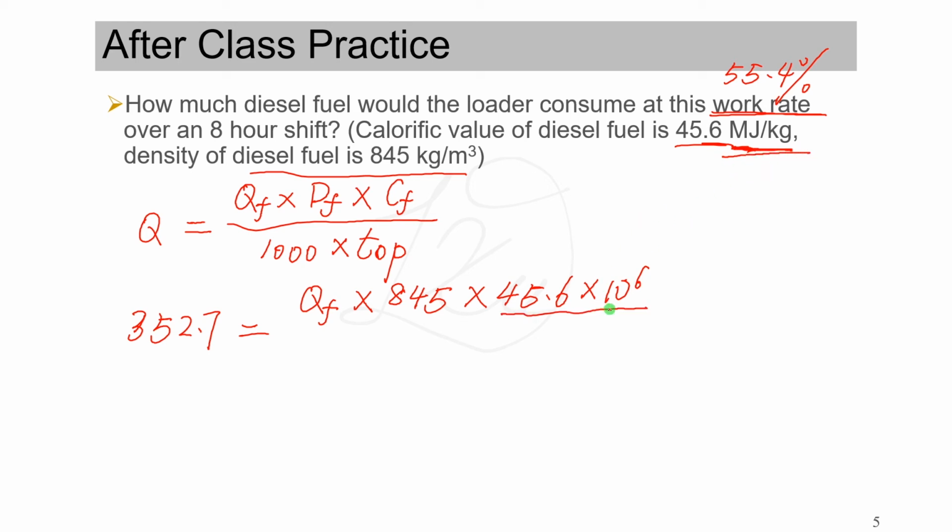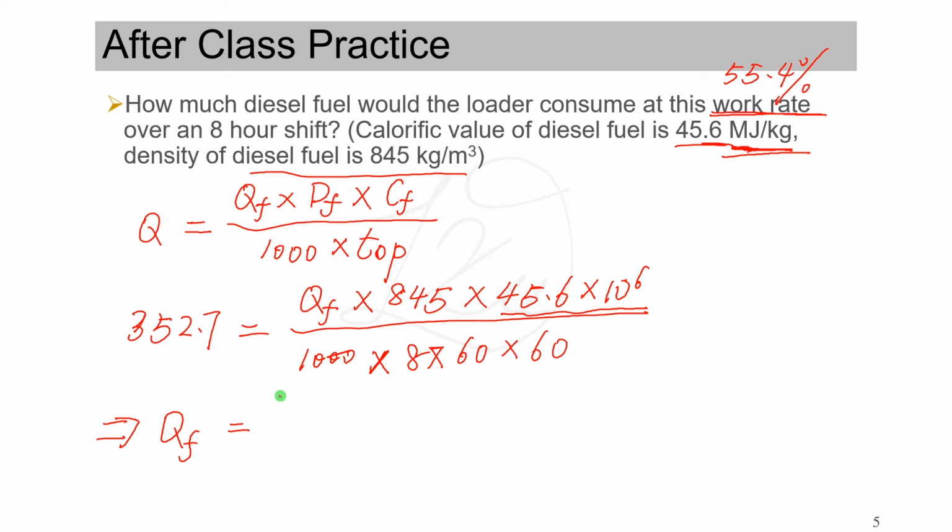That's why there is a 10 to the 6, divided by 1000, and by 8 hours, times 60 minutes in 1 hour and 60 seconds in 1 minute. So we can solve QF equals 0.264 cubic meter, which equals 264 liters.